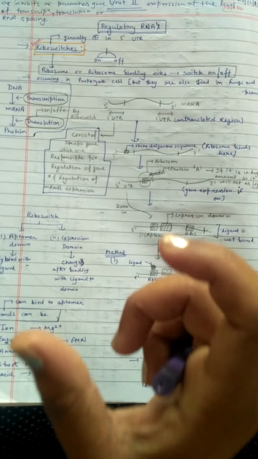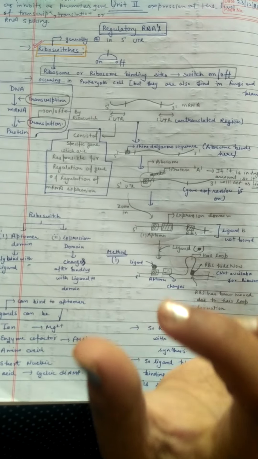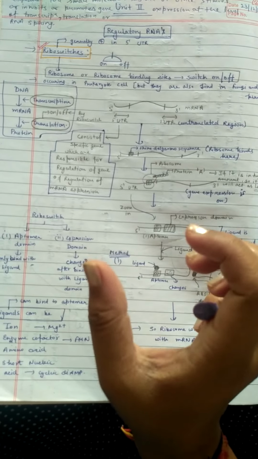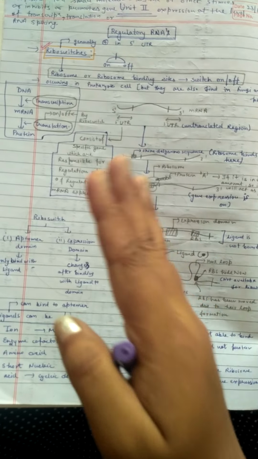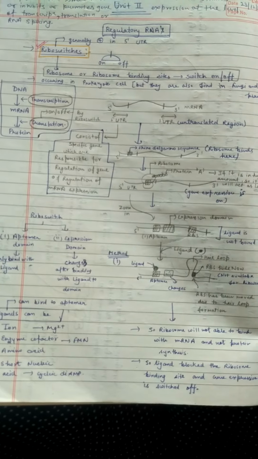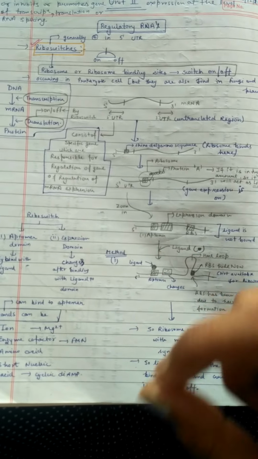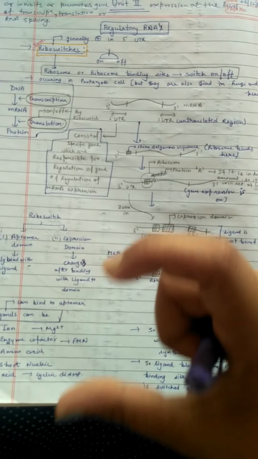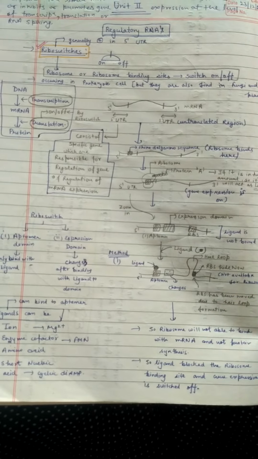In prokaryotes, it is a signal sequence, as you all know. At this sequence both subunits of the ribosome bind together, and that leads to the formation of another product, which is a protein.